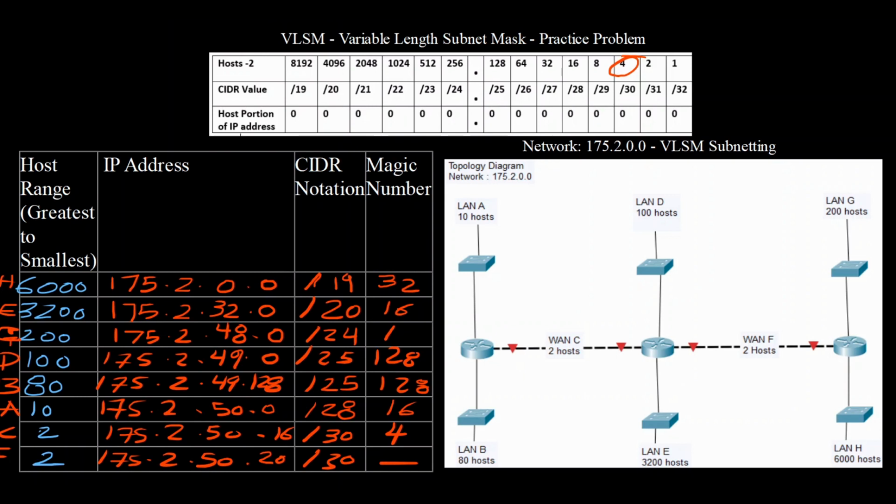And that's basically it. So for reviewing what we did to make this table: we arranged the hosts from greatest to smallest. Then I put the network ID for the first one. We determined the slash notation using the chart. Then from the host count, we determine the corresponding slash value, and then we find the magic number by looking at the binary digit in each octet.